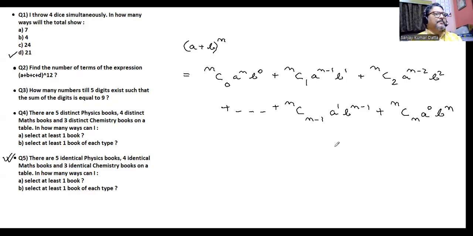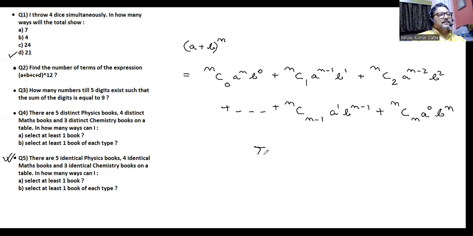Second observation. A's power starts from n and ends at 0, decreasing 1 each along the way. And B's power starts from 0 and ends at the power n, increasing 1 each along the way. Right? Correct? And what's the most important thing?